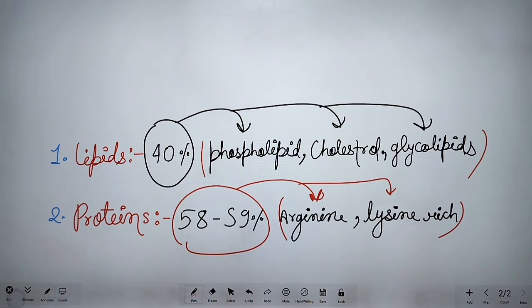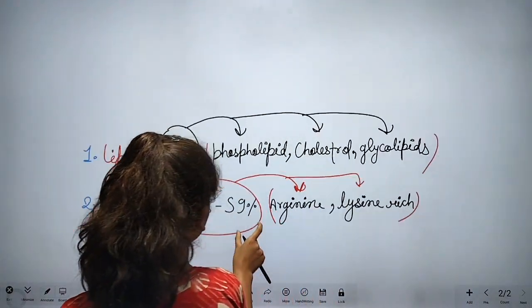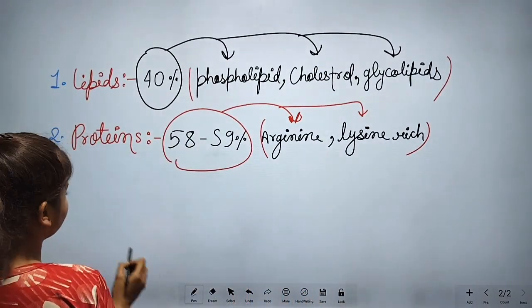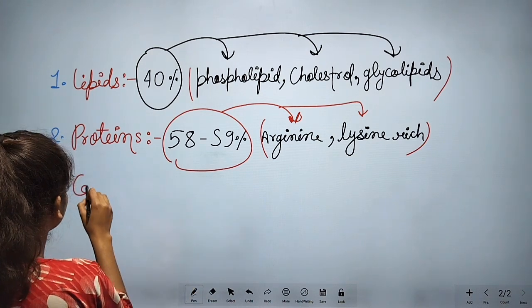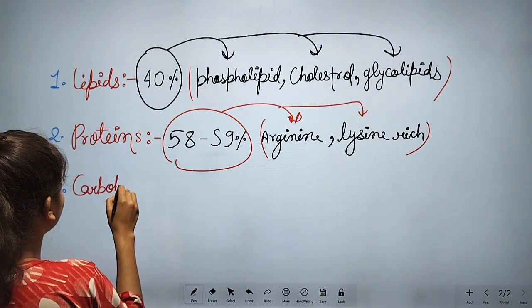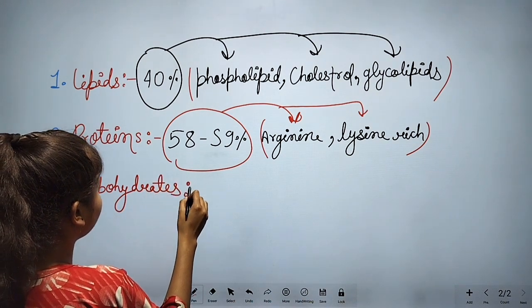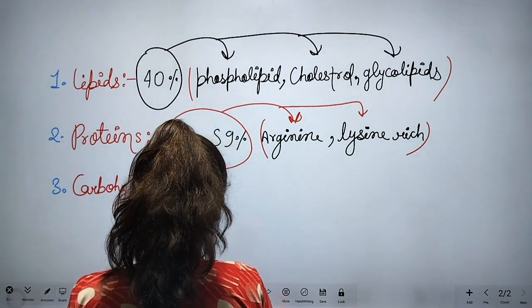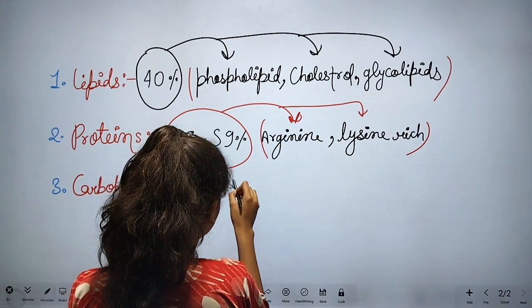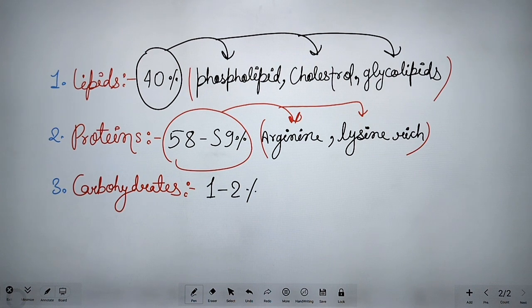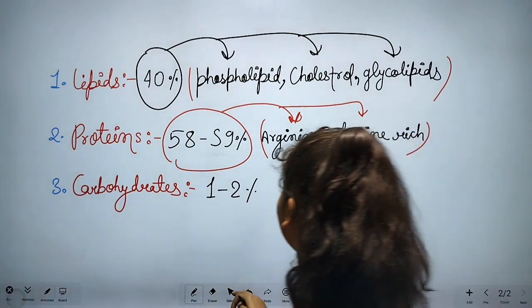Now carbohydrate. It is 1 to 2%. Carbohydrate present in the plasma membrane is about 1 to 2%. Okay.